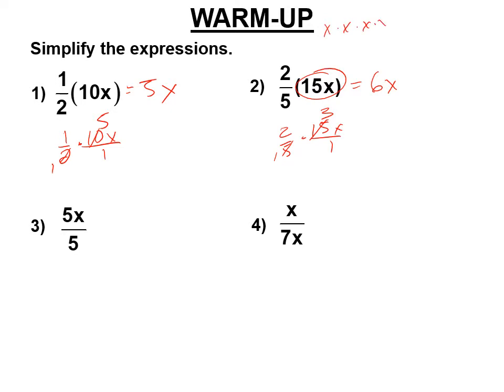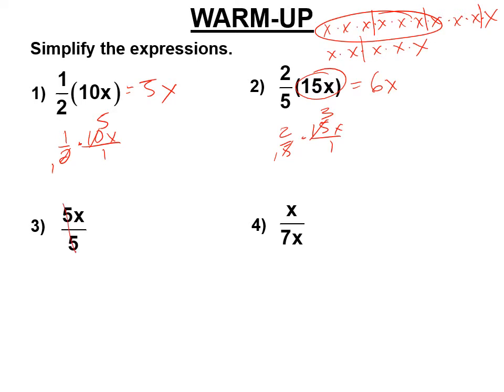Like 3, 4, 5, 6, 7, 8, 9, 10, 11, 12, 13, 14, 15. If you divide those into fifths, 1/5 is 3, another fifth, another fifth. Unfortunately, that one spilled over. So you have 5 sections, fifths. If you have 2 of those fifths, you have 6x's. 2/5 of 15x is 6x.